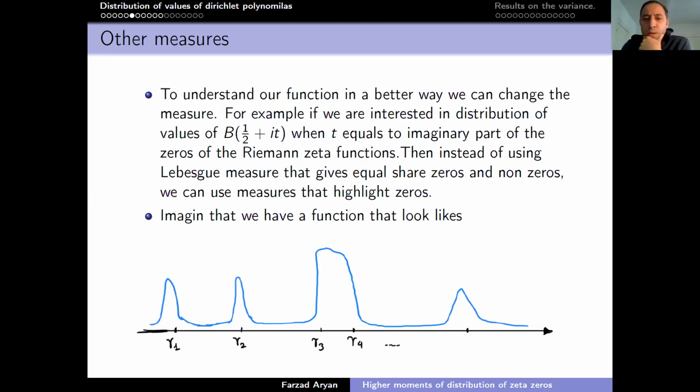Imagine I have a function like this, which is not very large elsewhere, but when it hits a zero, you see a peak. So most of the mass of this function, let's say, is around the zeros. Probably for my purpose, it would be better to use this as a measure and look at the mean and the variance.